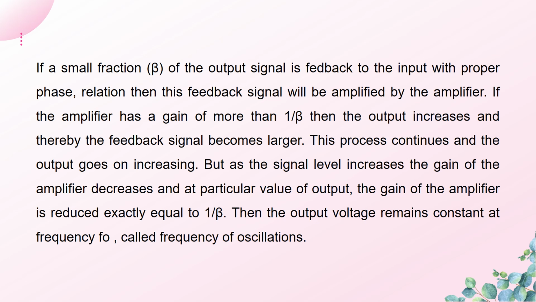This process continues and the output goes on increasing. But as the signal level increases, the gain of the amplifier decreases and at a particular value of output, the gain of the amplifier is reduced exactly equal to 1 by beta. Then the output voltage remains constant at the frequency F0 and this frequency is called the frequency of oscillation.